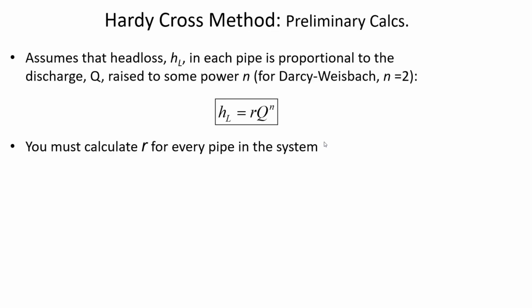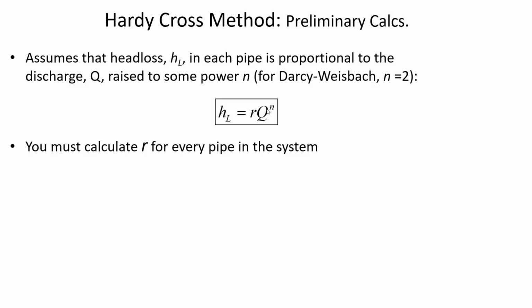All right, so head loss is going to be some R value times the flow rate to the power N, and the N value depends on the friction loss method that you're using. If you're using the Darcy-Weisbach equation to estimate your head loss due to pipe friction, then you'd use 2 as the exponent.